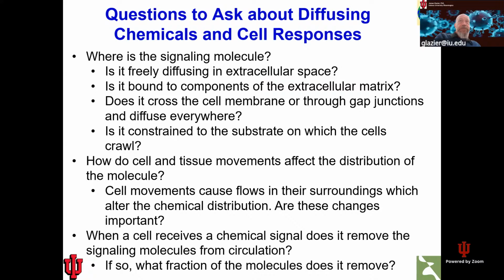And then, does the chemical actually go through the cell everywhere, or is it taken up? We often assume that the diffusion constant is the same everywhere, whether there's a cell or not. In reality, that would be true for oxygen, but most molecules don't cross the cell membrane very well. If you're doing a 2D simulation and the chemical is actually in the substrate, then the chemical should diffuse everywhere and cells don't do anything to it.